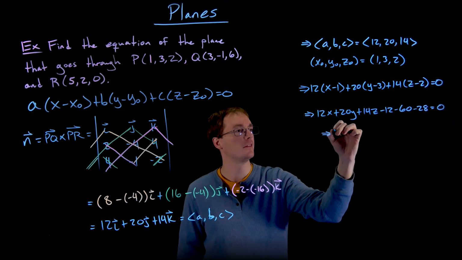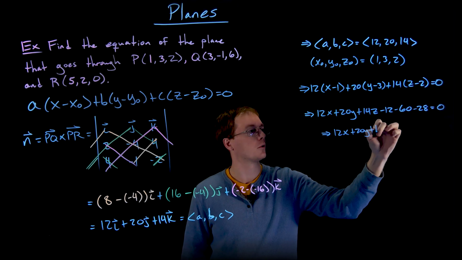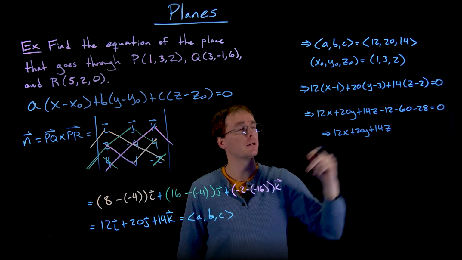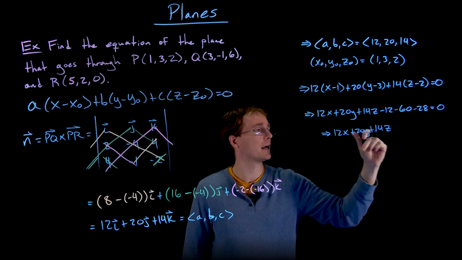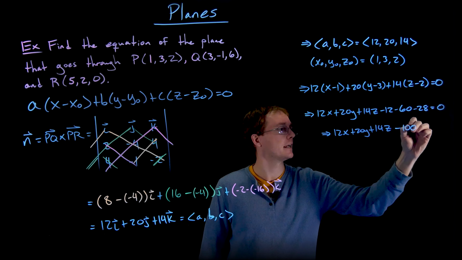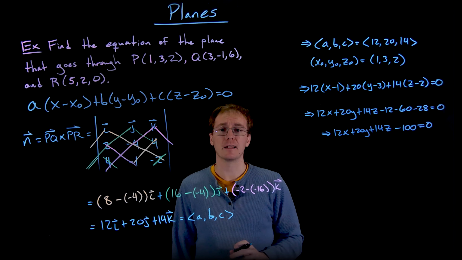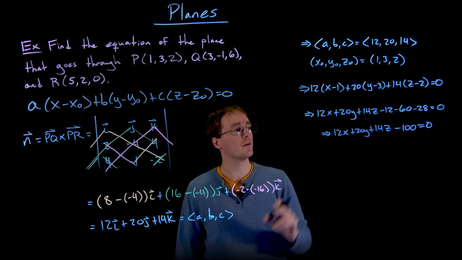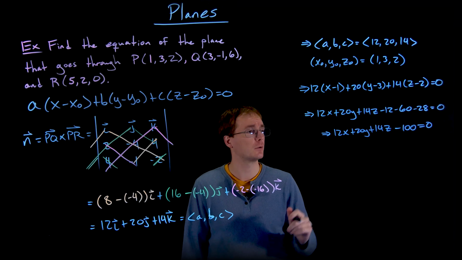And so we can't combine the variable terms together. They're 12x plus 20y plus 14z. But we can combine those constant terms together, and -12 minus 60 minus 28 gives us -100. And so another scalar equation for our plane that's equivalent to the first one is 12x plus 20y plus 14z minus 100 is equal to 0.